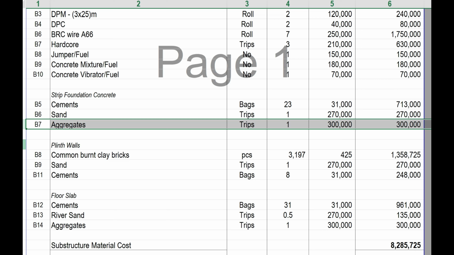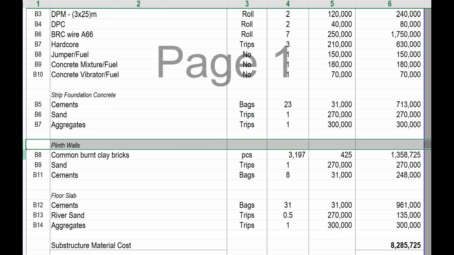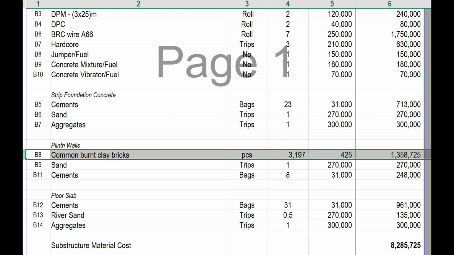Then after that, we go to the plinth wall. Then we need common burnt clay bricks, about 3,197 pieces can be enough for us, at a cost of approximately 425 each, summing up to 1,358,725.